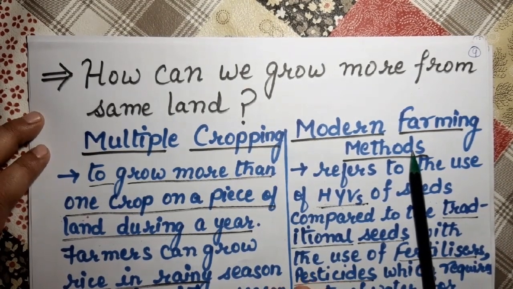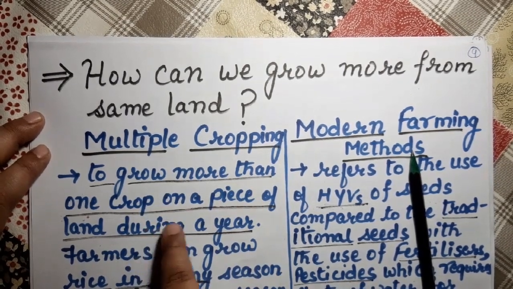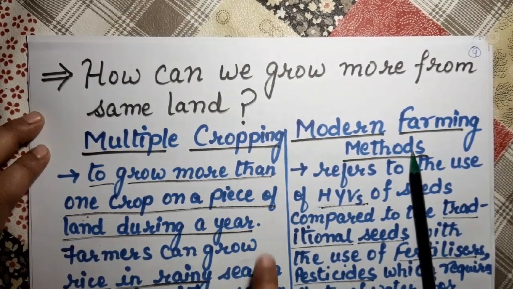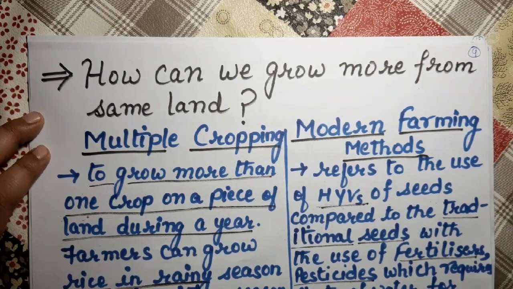Multiple cropping means to grow more than one crop on a piece of land during a year. Farmers can grow rice in rainy season, wheat in winter season and vegetables between October and December.